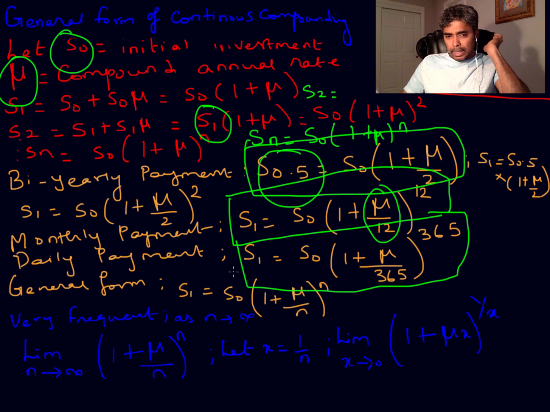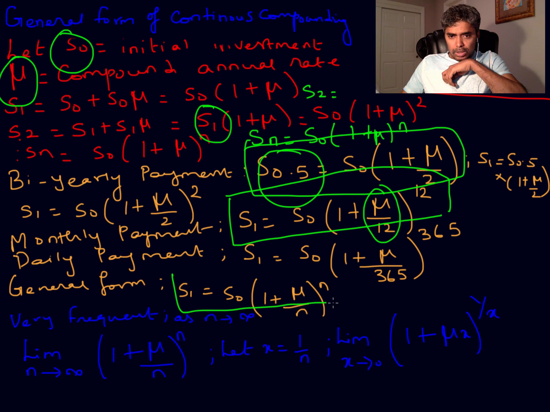So let us say we are getting payback every hour, or numerous times, like every second or whatever. Then we can generalize this: S1 equals S0 times 1 plus mu by n the whole power n.